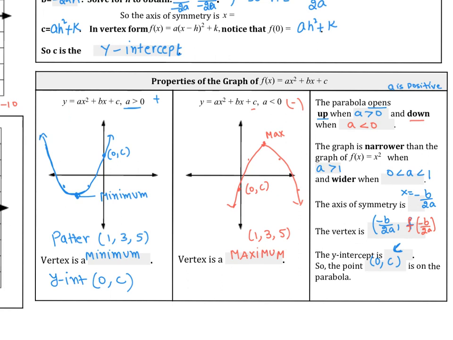So if the function is f(x) = ax² + bx + c, then for the x value negative b over 2a, you plug it in for x and you will get the y value. The y-intercept is always the constant of the graph, that is c. So (0, c) is always the y-intercept.